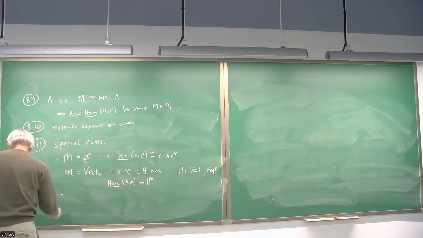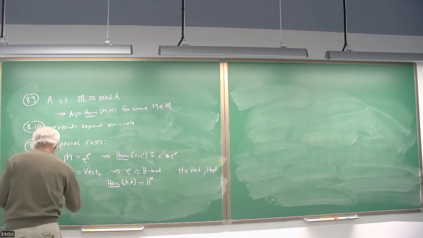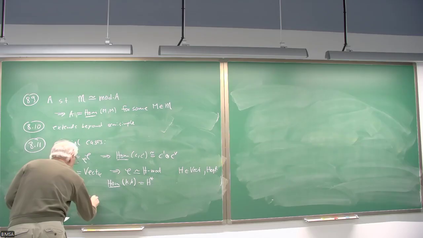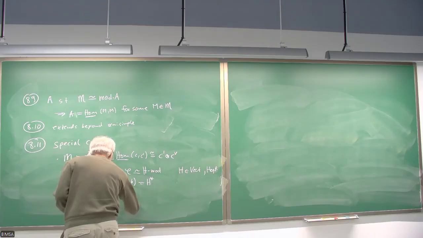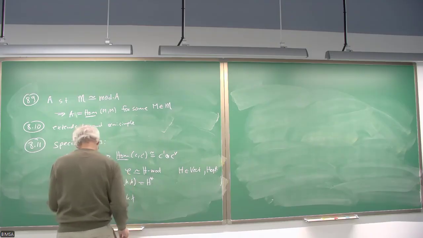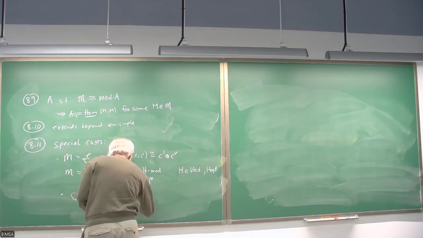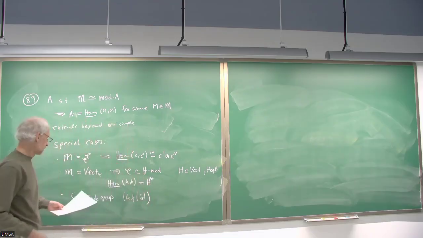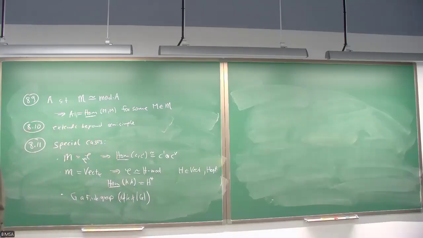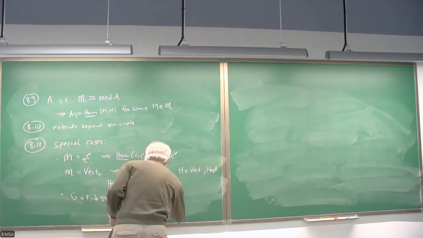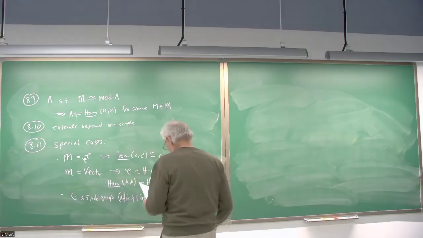And then finally, if G is a finite group such that the characteristic of K is not a divisor of the order of the group, so that the category of group representations is semi-simple, then this is already in this paper by Ostrik.